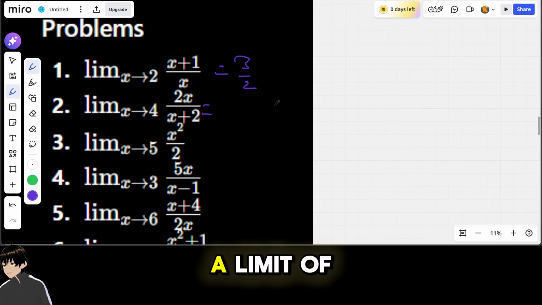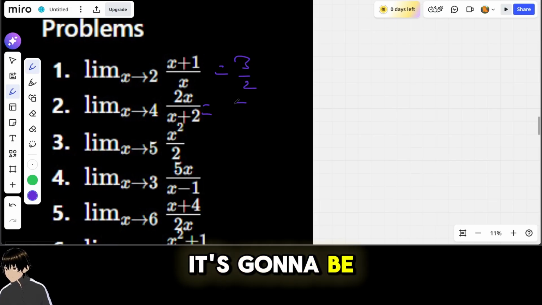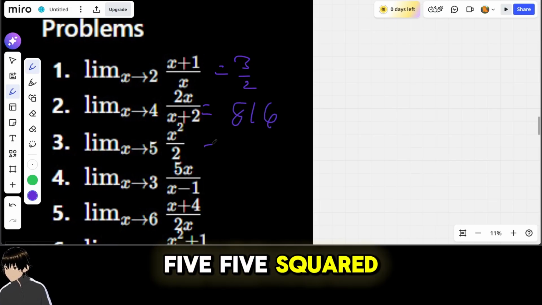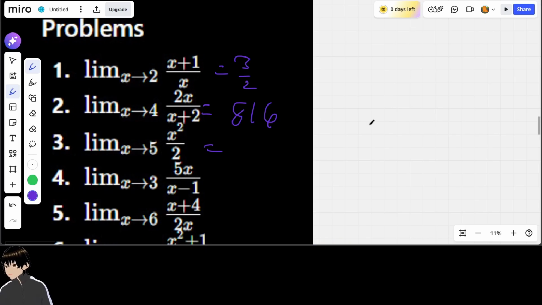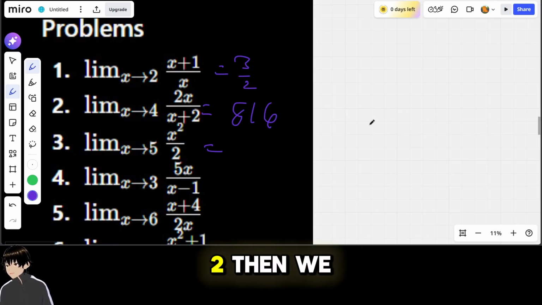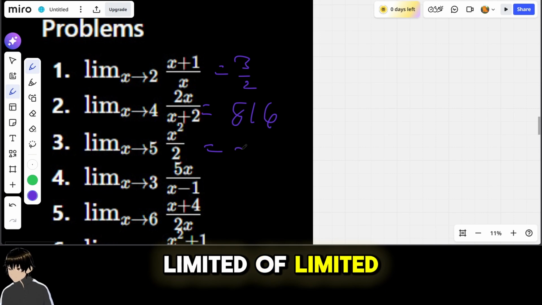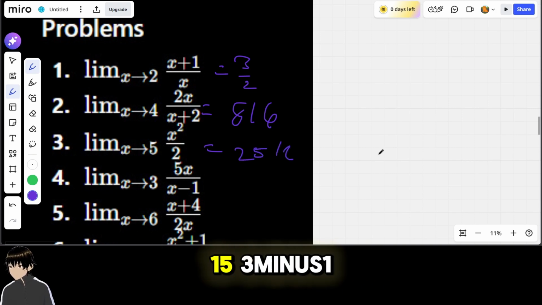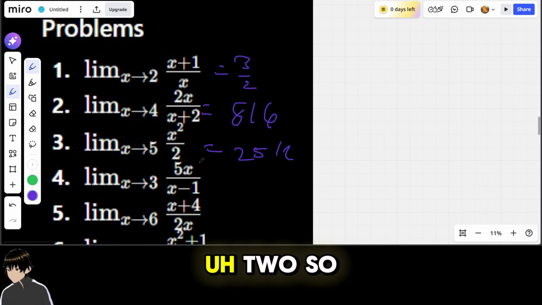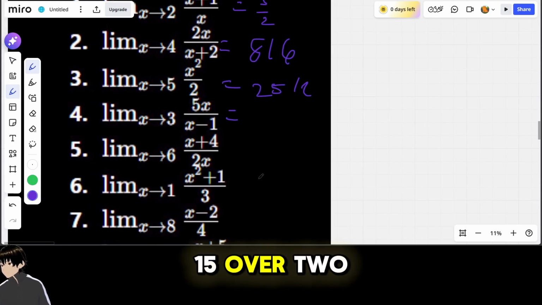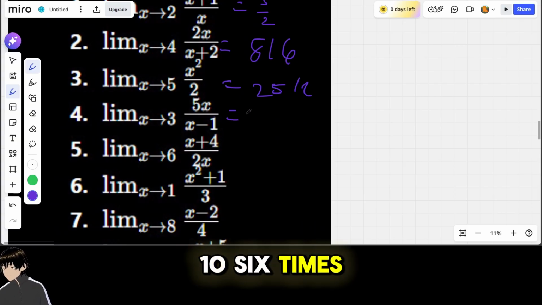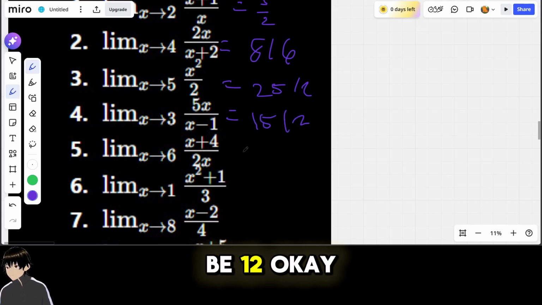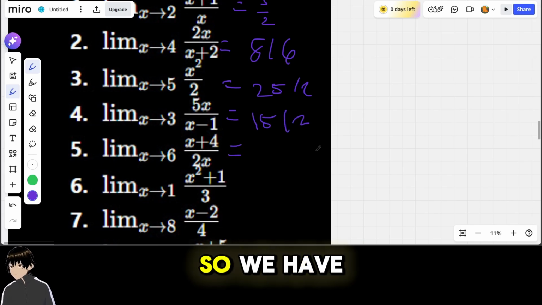So the limit of x squared is going to be 5 squared, 25 divided by 2. Then we have the limit of 5 times 3, which is 15. 3 minus 1 is going to be 2. So 15 over 2. 6 plus 4 is going to be 10. 6 times 2 is going to be 12. Okay, so we have 10 over 12.